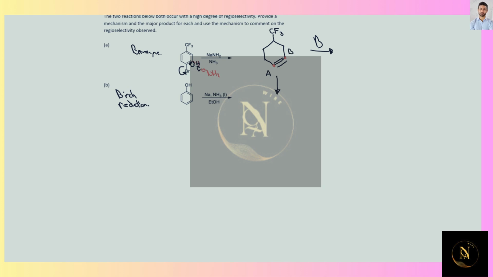So what is going to happen is that through mechanism A, the NH3 is going to attack over here. This is going to generate a negative charge on the other position.